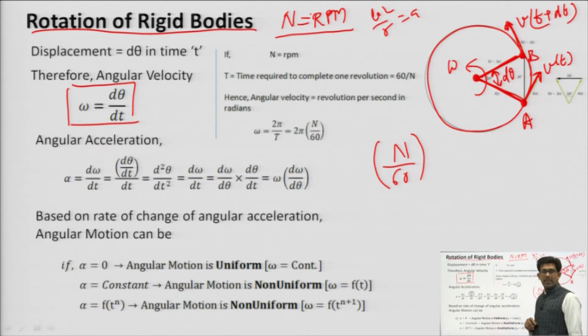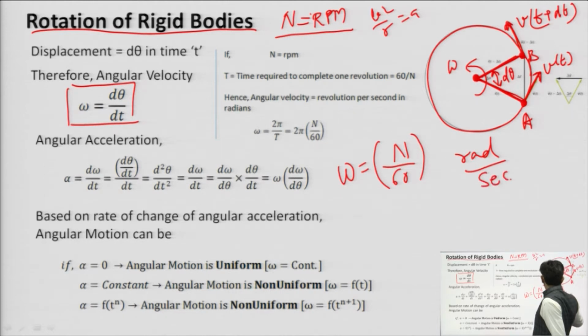Therefore, what will be the angular velocity? The angular velocity will be n by 60 revolutions, and one revolution completes 2 pi, that is 360 degrees. If we want to calculate it in radians, then 2 pi will be multiplied.